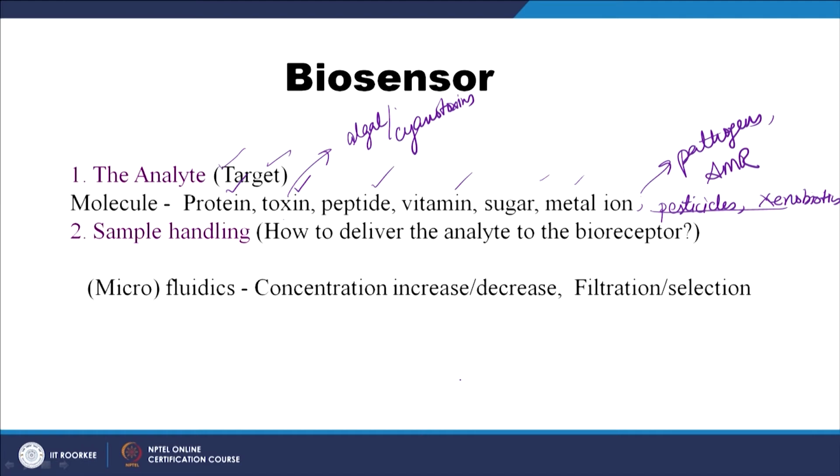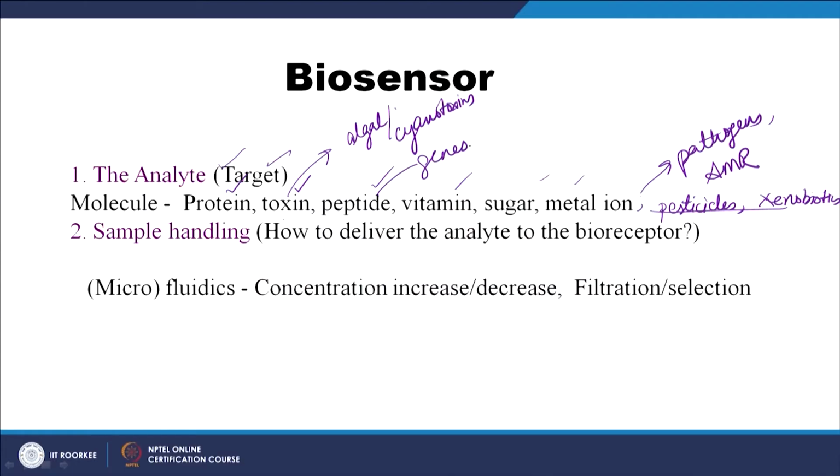Now, ideally a handheld monitoring detection system that will tell me the absence or presence of toxin, great. Peptides could be your genes, for example. Peptides could be other small nucleopeptides on the cell wall that you can use as a detection target. Then vitamins, sugar or metal ion, and so on and so forth.